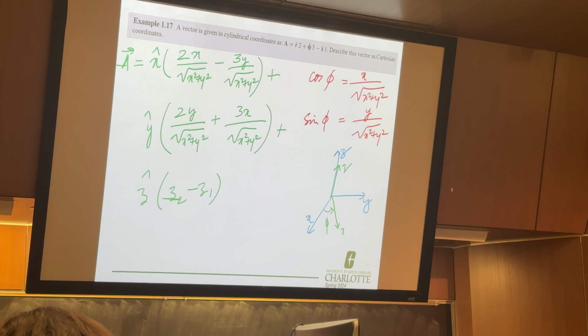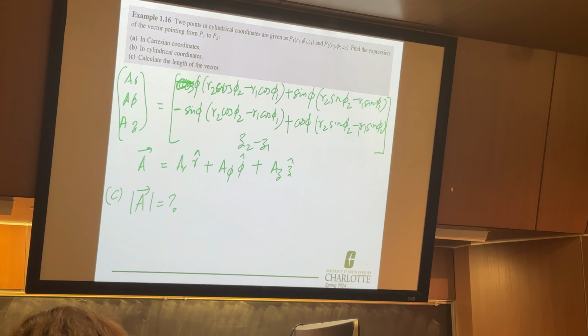In the first problem, we took generic points, and we constructed the vector in Cartesian coordinate system, and then we transformed it into the cylindrical coordinate system. Okay?